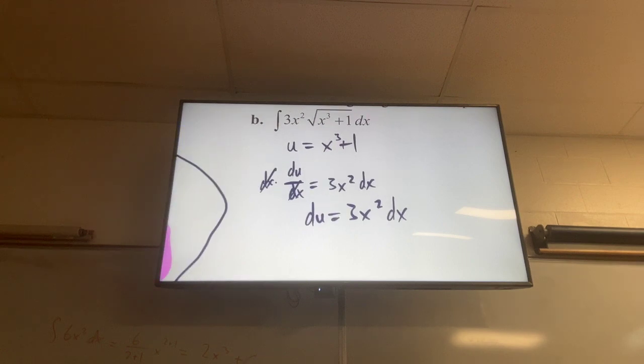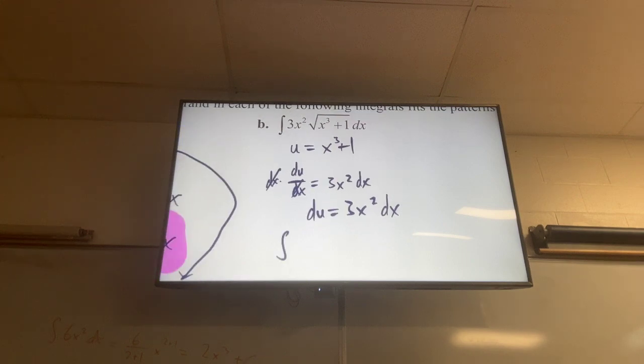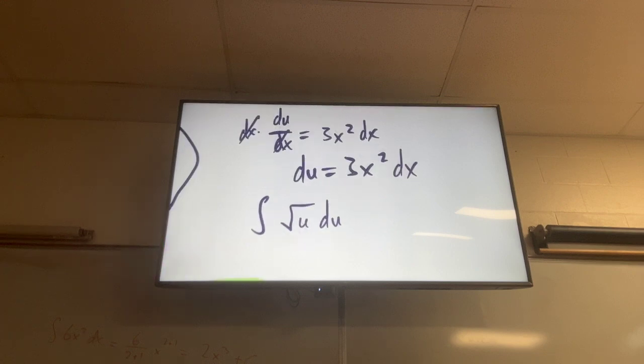All right? And then what can I rewrite my integral as? It's going to become the square root of u du. So this 3x squared and that dx, the two of those multiplied together became du. And the stuff inside the square root became a u. This is the antiderivative of u to the 1/2 du.